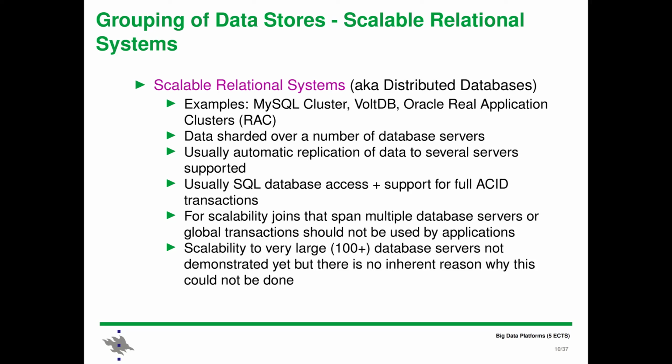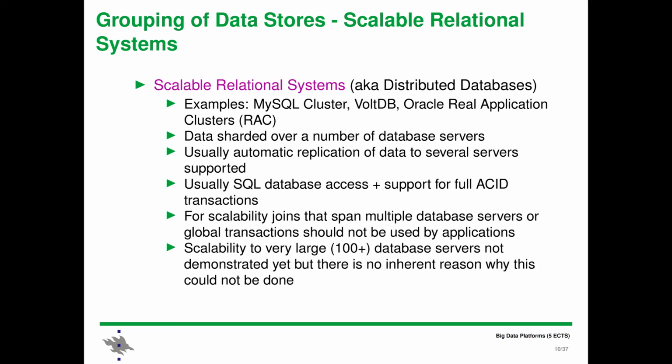Now, even though you can do SQL queries, it doesn't mean SQL queries are fast, especially if you do joins that span multiple database servers, or global transactions that modify all of the servers in the cluster. Then you might not get good performance, even though you're able to do them. These systems do not scale to very large clusters, like 100 plus database servers, but there's no inherent reason why this couldn't be done.